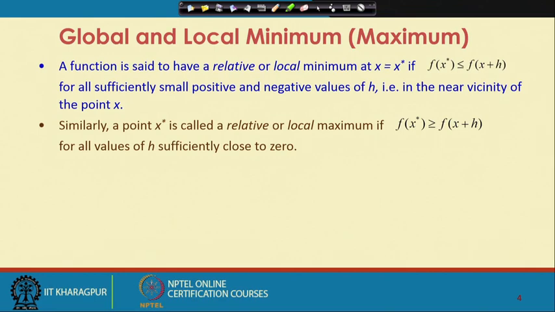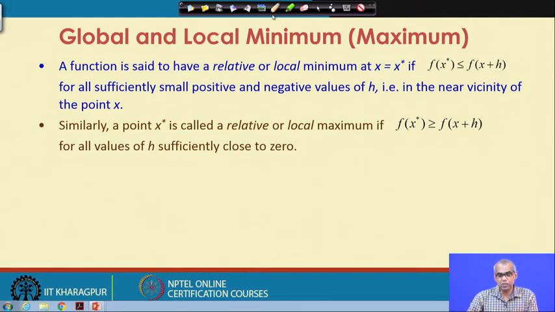So, let us now formally define what we mean by local minima or local maxima and global minima or global maxima. A function is said to have a relative or local minimum at x equal to x star if f of x star is less or equal to f of x plus h for all sufficiently small positive and negative values of h, that is in the near vicinity of the point x.